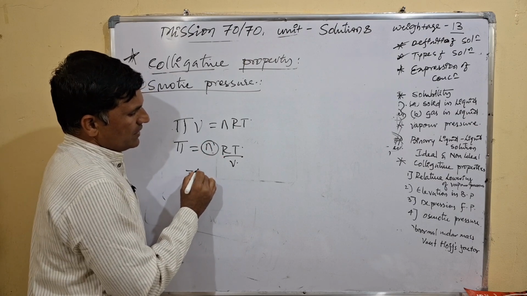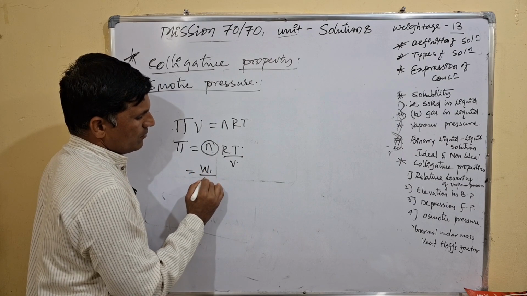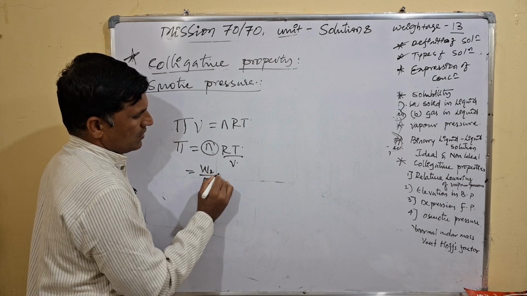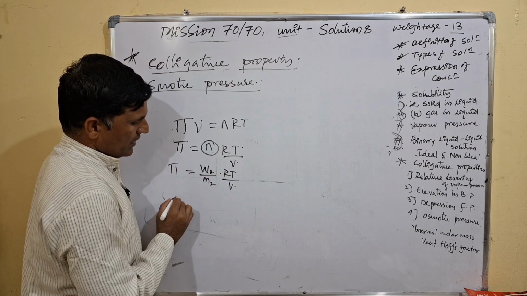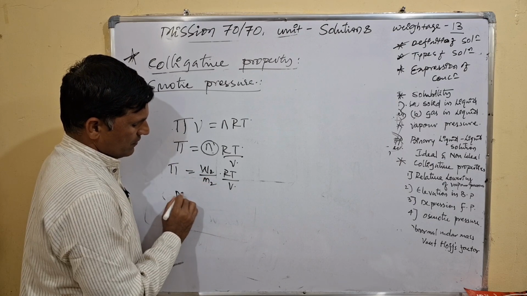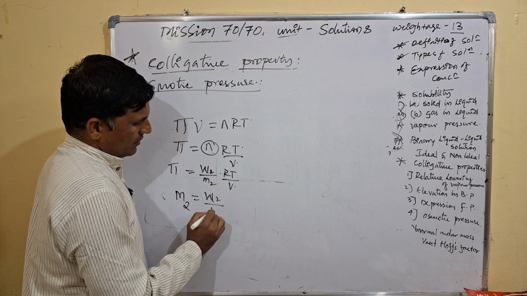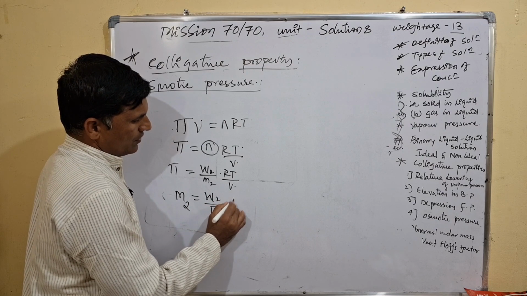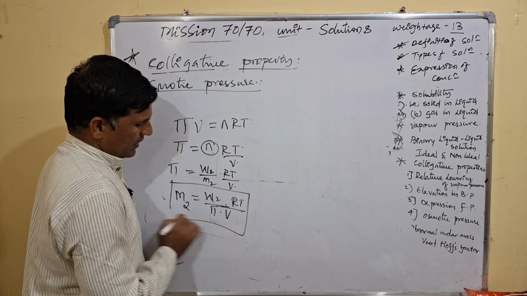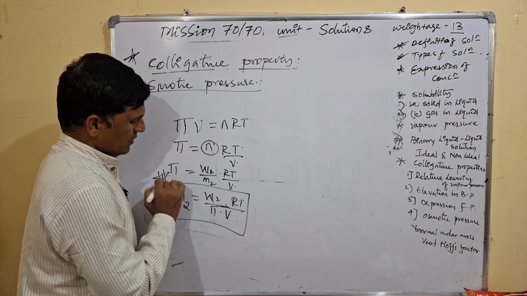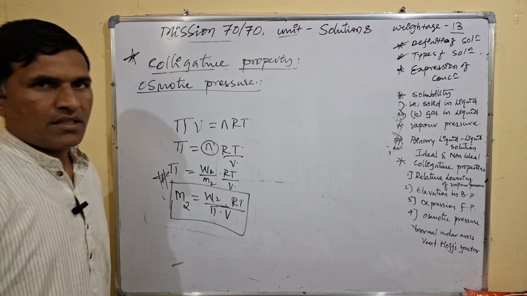Number of moles we give as weight of the solute by molar mass, W2 by M2, into RT by V. So pi equals W2 by M2 into RT by V. If you reshuffle this, we get M2 equals W2 RT by pi V. By this formula, we can determine the molecular weight of the given solute present in the solution.